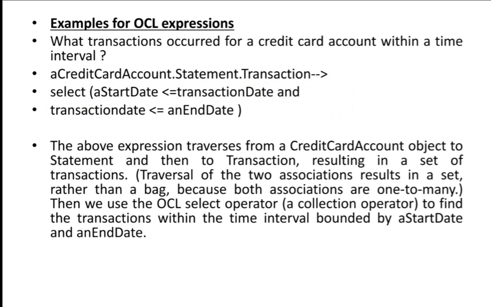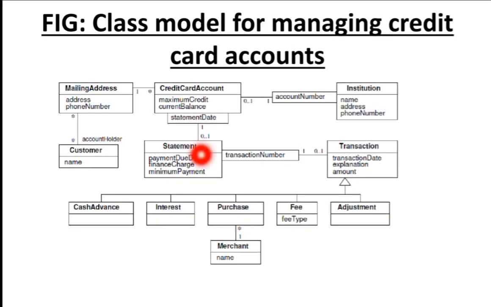I am selecting in a transaction, because I need the transaction details from a particular set of dates, from a range of dates. In a transaction I'm selecting the transaction date.